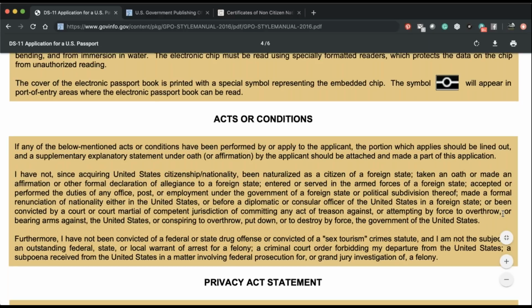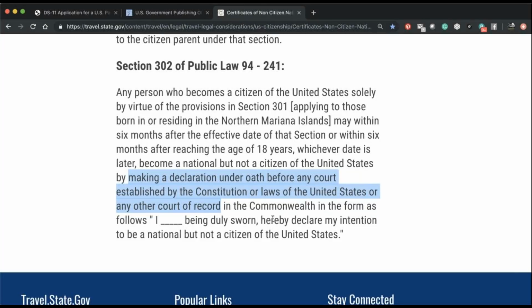Now, let's go back to what I started with. If you put an explanatory statement, like I just read, on this certificate of nationality, doing your declaration of being a national but not a citizen of the United States, you put an explanatory statement with your application along these lines, get it notarized, then take your passport application down to a court of record and submit it.